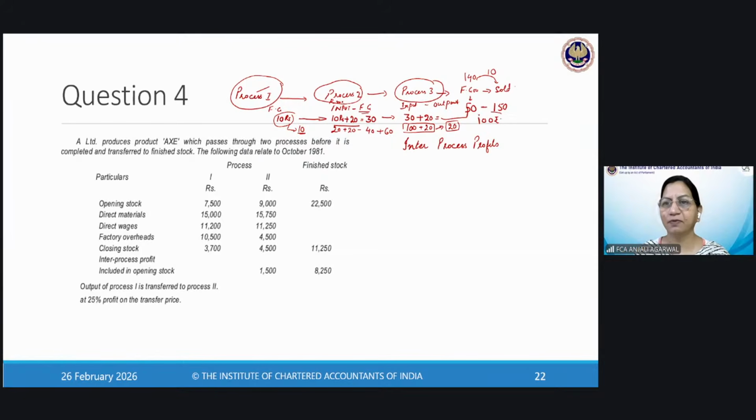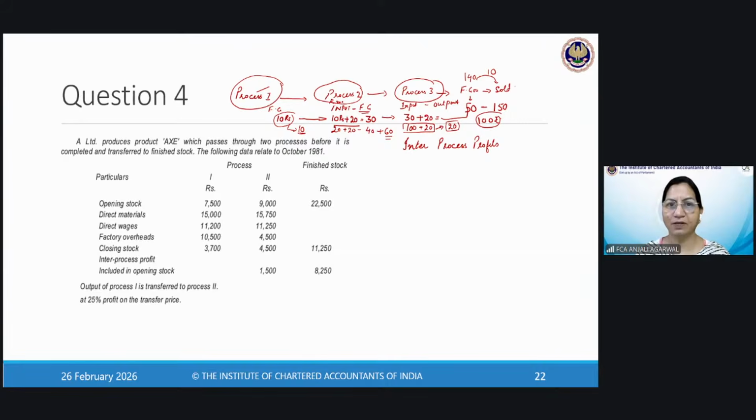So this 100 rupee profit is allocated amongst 10 for process 1, 60 for process 2, 20 for process 3, and 10 for the finished goods account. So we know that process 2 is very profitable. Okay. So this is the entire concept of transferring the output of the first process to the subsequent process, not at cost, but at some profit, which is called inter-process profits.